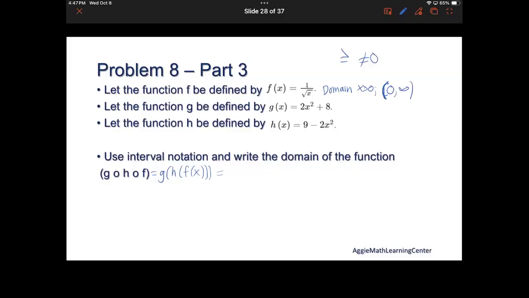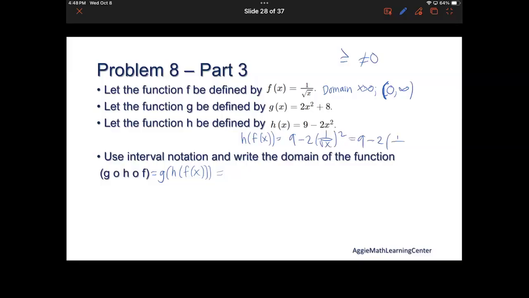Now I need to know what is h of f of x. And I believe I need to create the whole expression in order to know that. So we're going to go like this. Up over here, 9 minus 1 over square root of x squared. And then it's going to be helpful in this case to simplify it a little bit so we know what we're dealing with. 1 squared is 1.